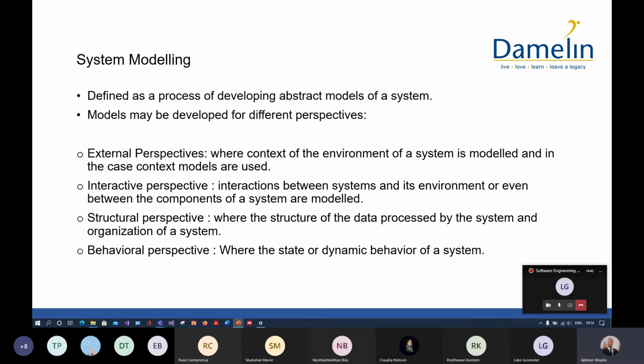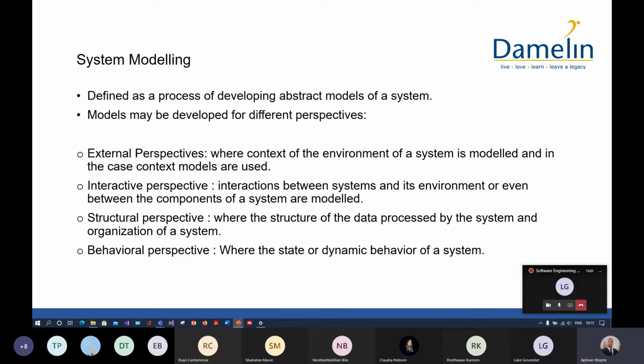Models can be developed from different perspectives, and these are the perspectives that I was talking about. So we have the external perspective, we have the interactive perspective, we have the structural perspective, and then we have the behavioral perspective. So what's the difference between these different views?